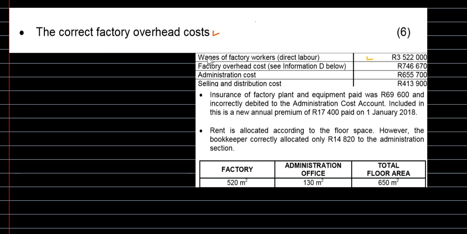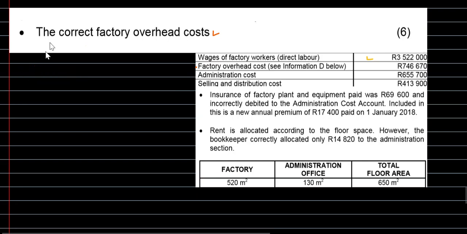This has to do with direct labor cost. It has nothing to do with factory overheads cost. Now we're going to take this money here and put it here. It's 746,670. So this is our factory overheads cost.